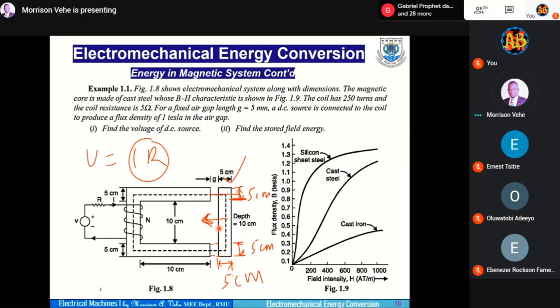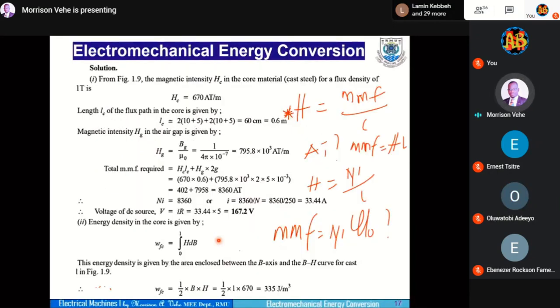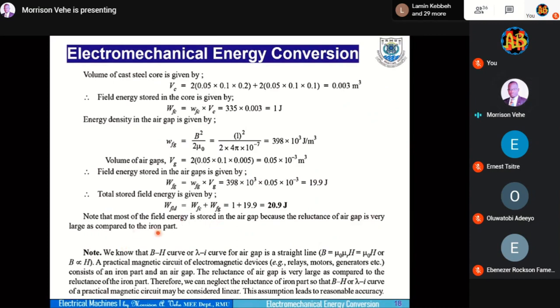It will resist it. So it will not make the flux uniformly link the whole system. Because we have a reasonable amount of reluctance in the air gap, a considerable amount of our field energy will be stored in the air gap. Okay, so that's the last part that we are trying to see.